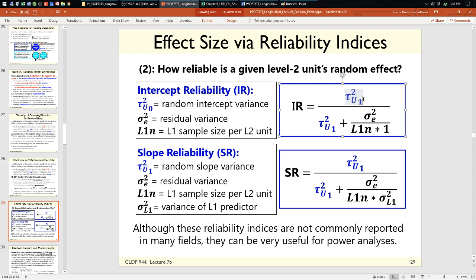There it is. That should be 0, not 1. 1 is the slope variance, not the intercept. I have the legend correct over here. So there's that. And why isn't my I bolded? I don't know. Apparently it doesn't want it to be an I.